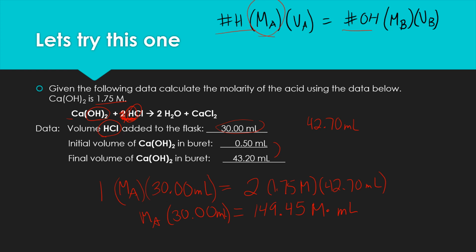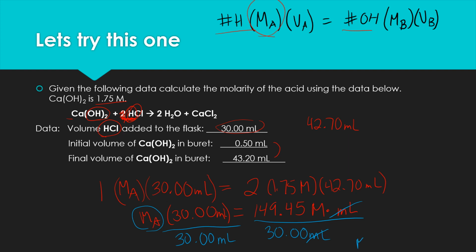So now we want to rearrange and get our MA by itself, our molarity of our acid. We're going to do that by dividing both sides by our 30 milliliters. And our milliliters are going to cancel. We're going to be left with molarity here.